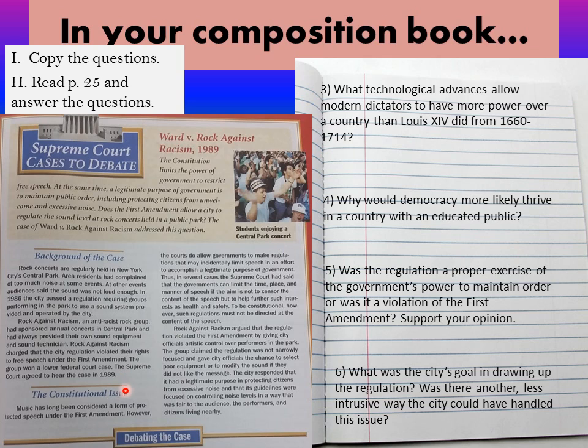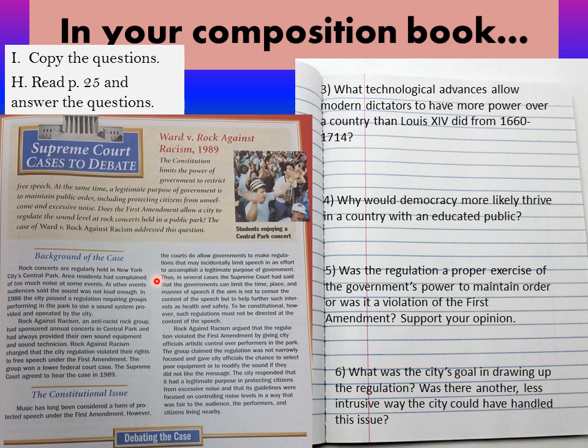All right, continuing. The constitutional issue, and this is the explanation of what the group Rock Against Racism argued. Music has long been considered a form of protected speech under the First Amendment. However, the courts do allow governments to make regulations that may incidentally limit speech in an effort to accomplish a legitimate purpose of government.